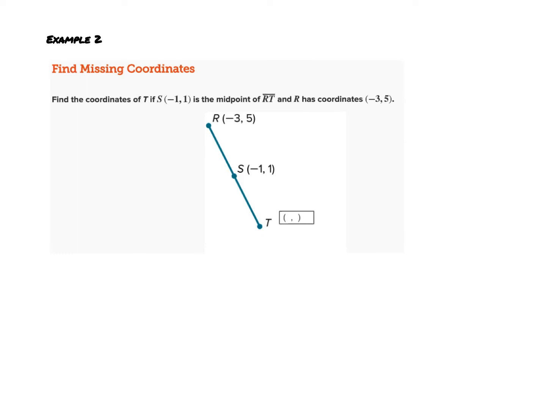Need to show you, and there's only one example here, which there should be another, but we'll work with what we have. You'll notice here that we have the line segment RT, and it's on the coordinate plane, where R is (-3, 5).